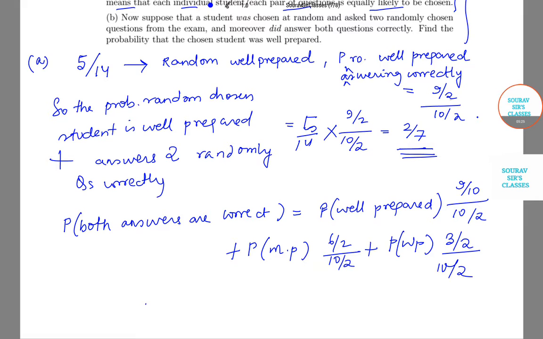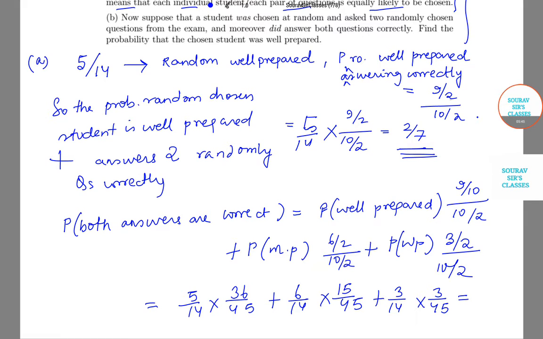So this equals 5 by 14 into 36 by 45 plus 6 by 14 into 15 by 45 plus 3 by 14 into 3 by 45, and this will be 31 by 70 as your answer, and you cannot reduce it any further. So this will be the answer of part A.